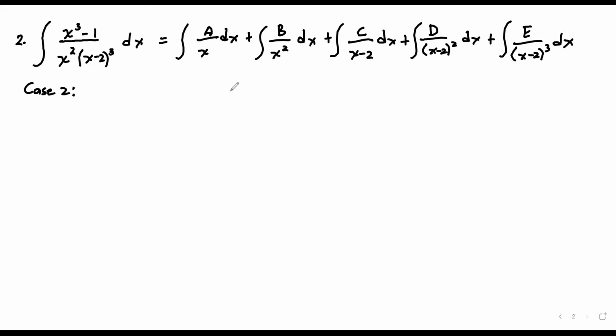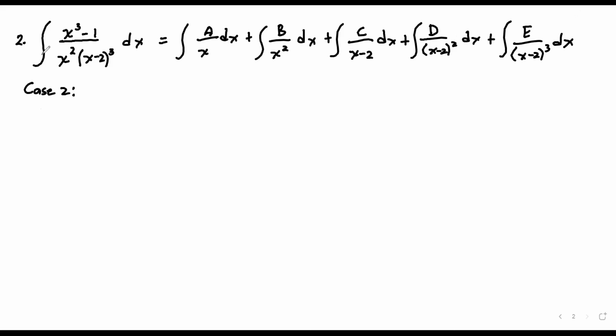So obviously, the factors are repeated in our denominator. Therefore, we're going to use case 2. Okay? So, we will get the values of A, B, C, D, and E.